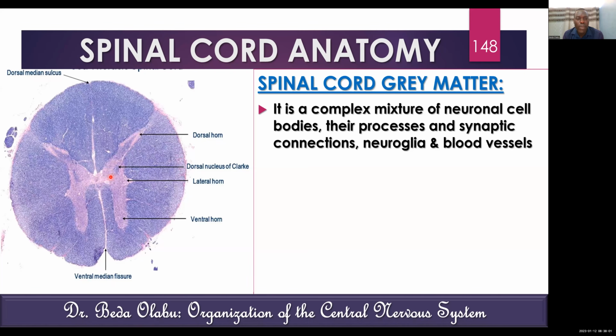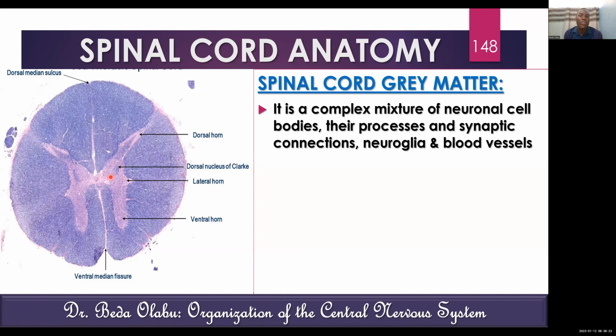And remember, gray matter of nervous tissue may have different terms depending on where that gray matter is found. If the gray matter is in the peripheral zones of the brain, then it constitutes what we call the cortex.